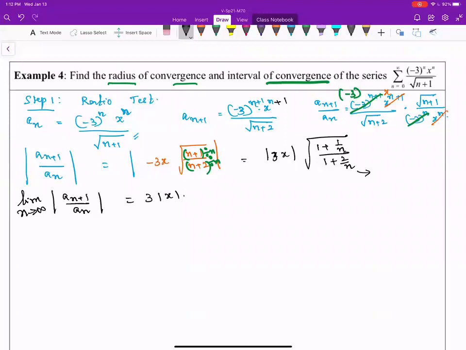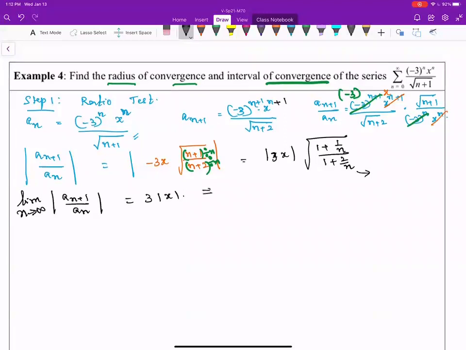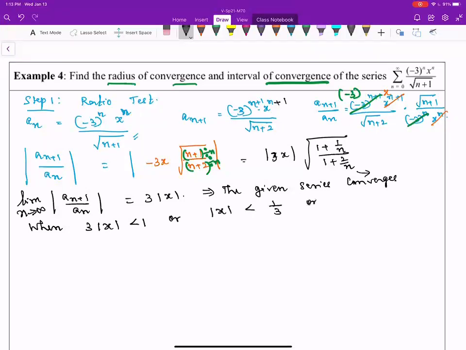So we know that the given series converges when this limit is less than 1, when 3 times absolute x is less than 1, or absolute x is less than 1/3, or when x lies between negative 1/3 and positive 1/3.